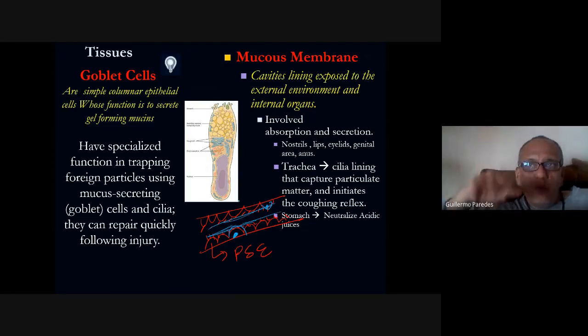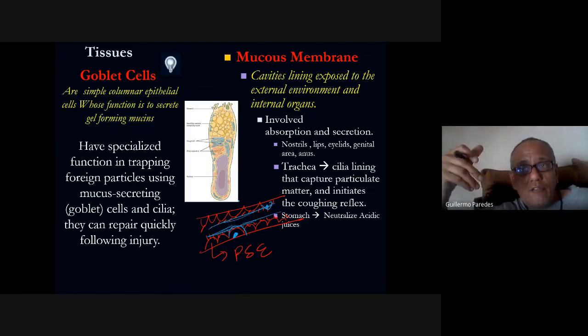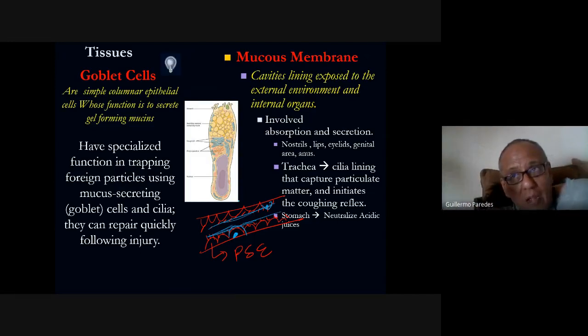The cilia move, trying to get rid of the bacteria that can get into your respiratory tract. The bacteria get stuck in the mucus like in a swamp, so they cannot keep traveling deeper.